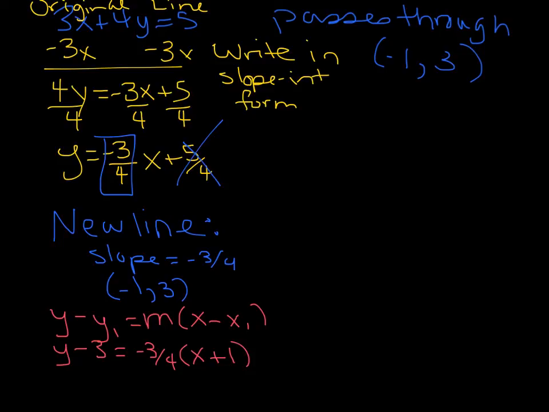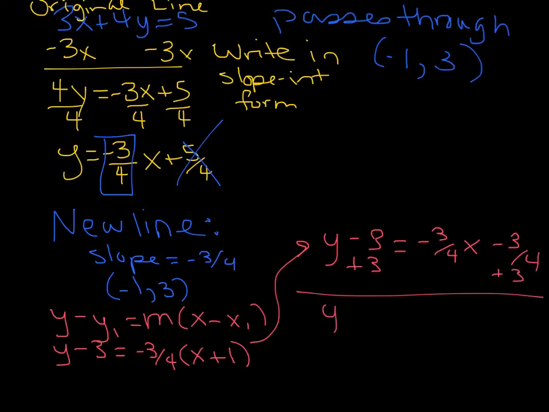And you're going to solve that out. Use the distributive property. You get y minus 3 equals -3/4 x minus 3/4. You add 3 to both sides.